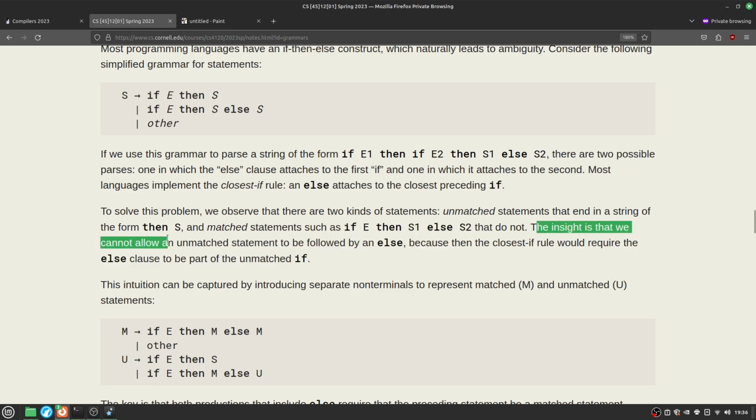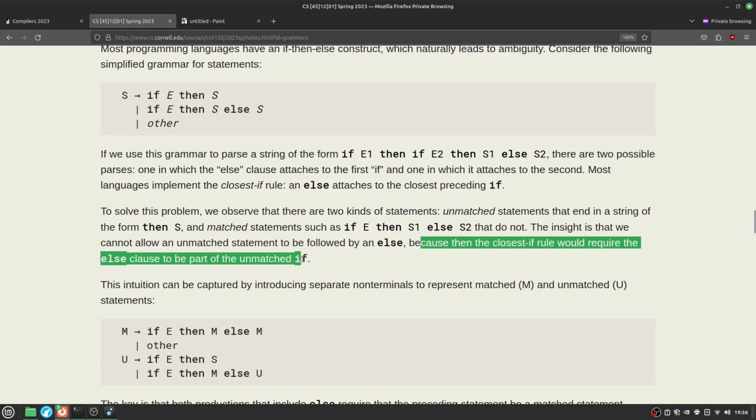The insight is that we cannot allow an unmatched statement to be followed by an else, because then the closest if rule would require the else clause to be part of the unmatched if.